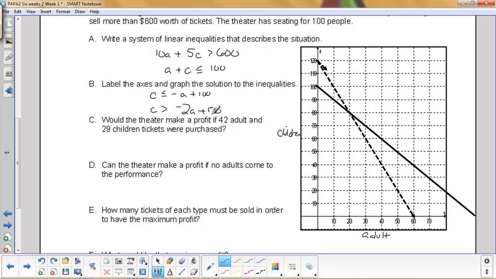Would the theater make a profit if 42 adults and 29 children purchase tickets? So 42 is here, 29 is here. The answer to that question is no. And the reason it would not is because it is outside of the feasible region, which lies here.